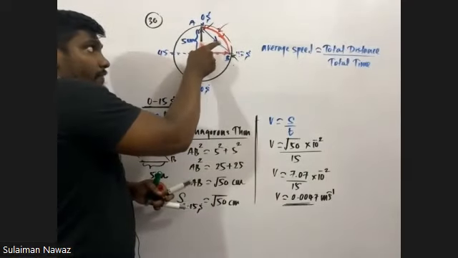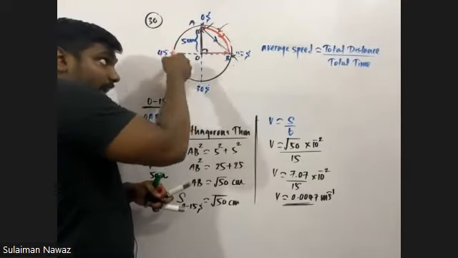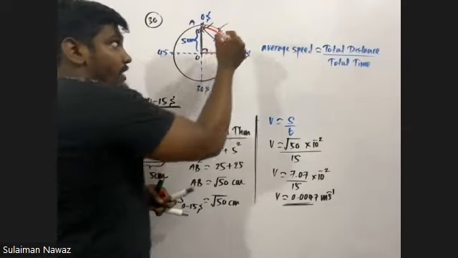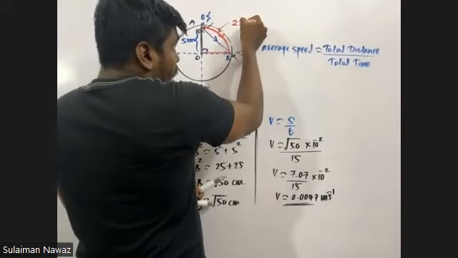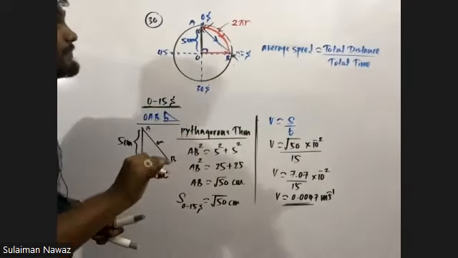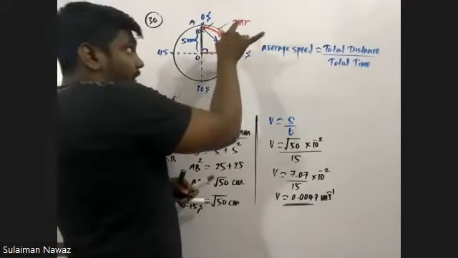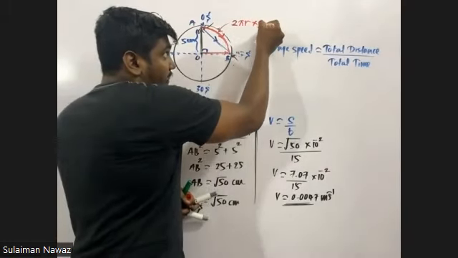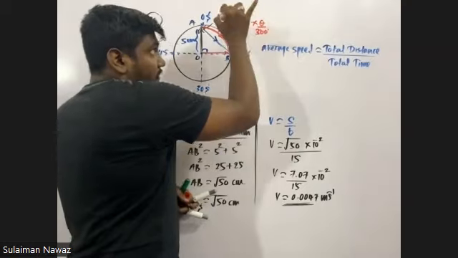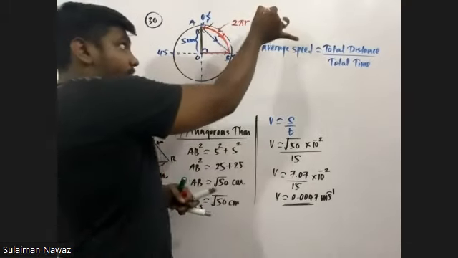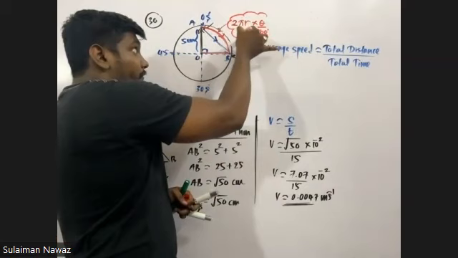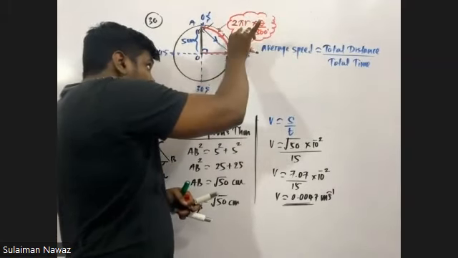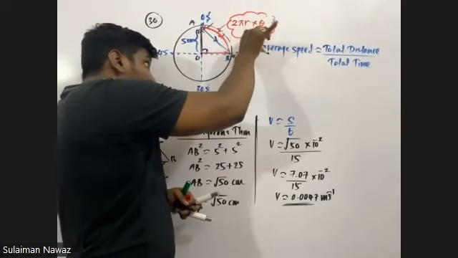We learned that if you want to find the entire circumference of the circle, we use 2πr. Suppose you want to find a particular arc, then we use θ over 360. So the equation is 2πr times θ over 360.